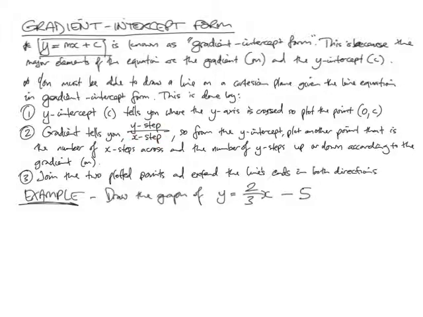So really, it's telling you the step that's been taken in the y direction divided by the step that's been taken in the x direction. So from the y-intercept that you plotted in 1, make another point that is the correct number of x steps across, going left to right, and the correct number of y steps going up or down, according to the gradient.